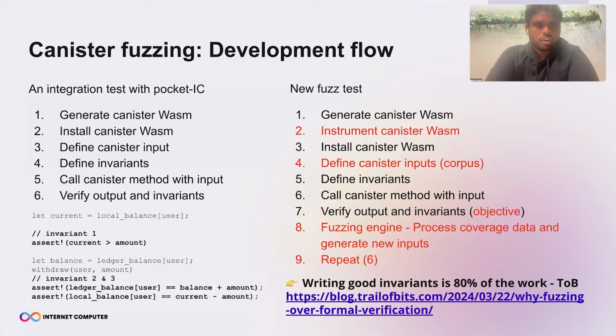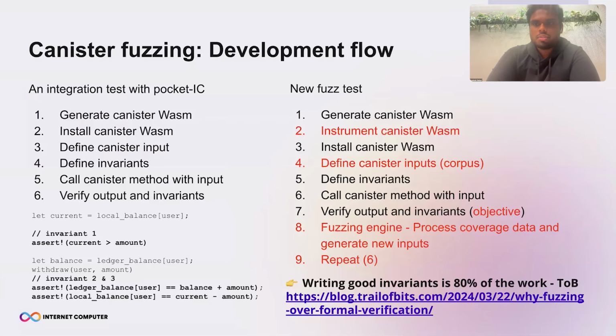For example, in the example below, someone withdraws funds from your canister to the ledger for the user specified. Now you want to verify that the local balance is greater than what they're withdrawing, and once the withdrawal is done, the user gets the amount and the local balance is reduced.